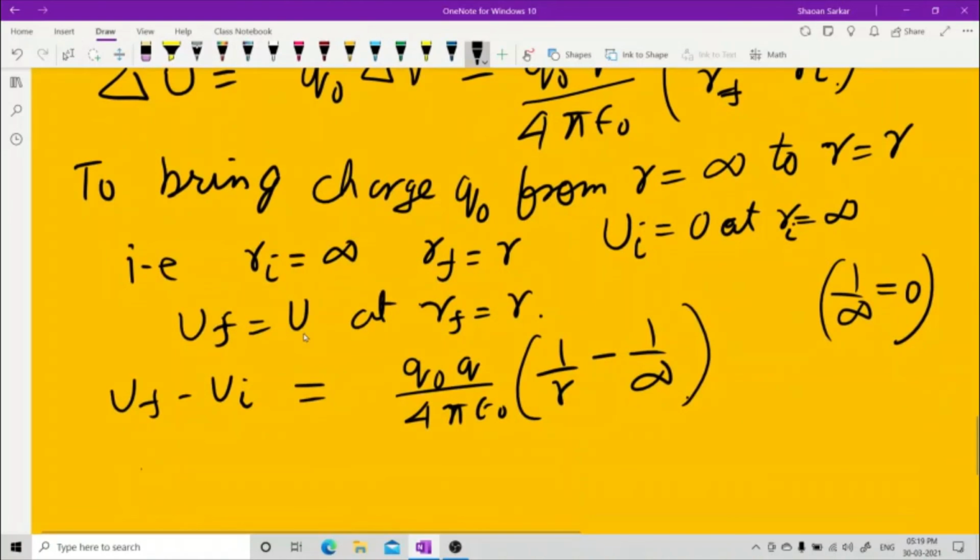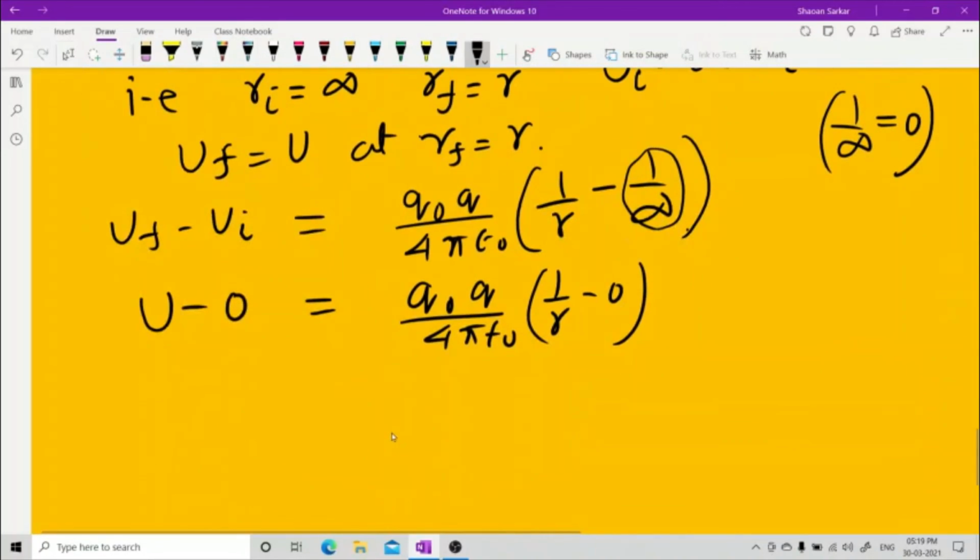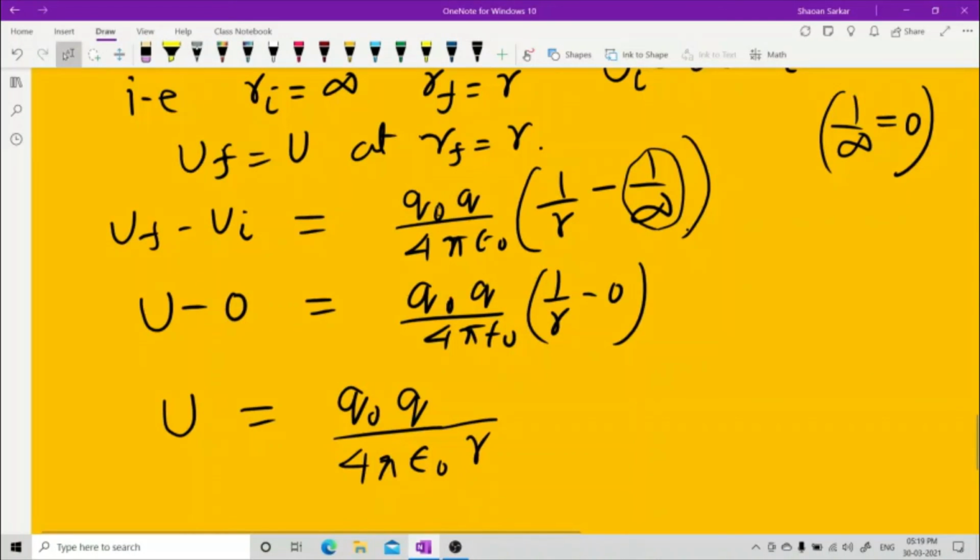So U final minus 0 equals Q naught Q by 4 pi epsilon naught, 1 upon R minus 0. So now your final expression for potential energy is U equal to Q naught Q by 4 pi epsilon naught R, and this is the potential energy.